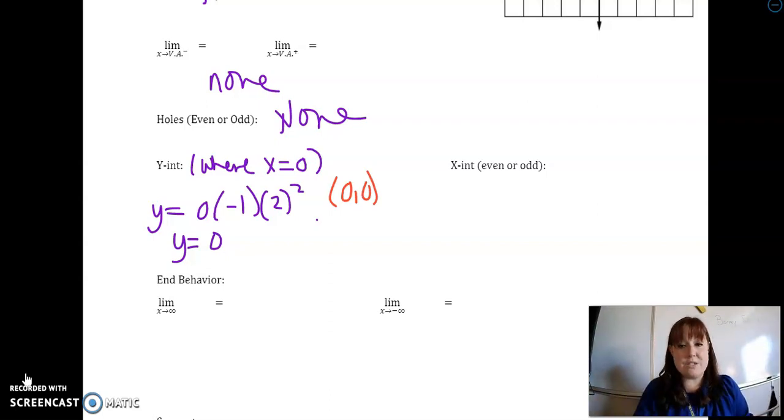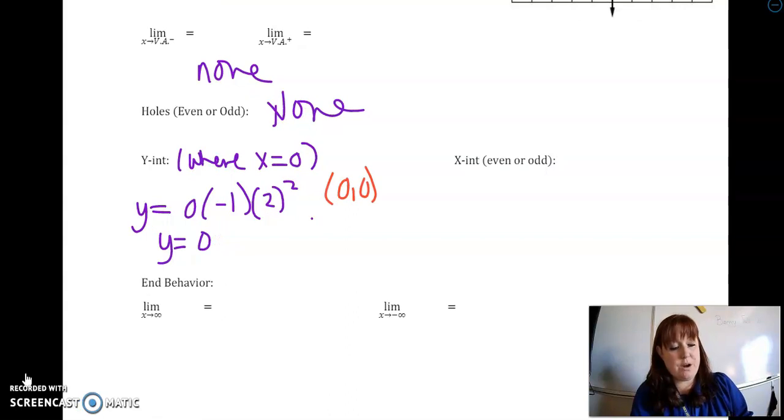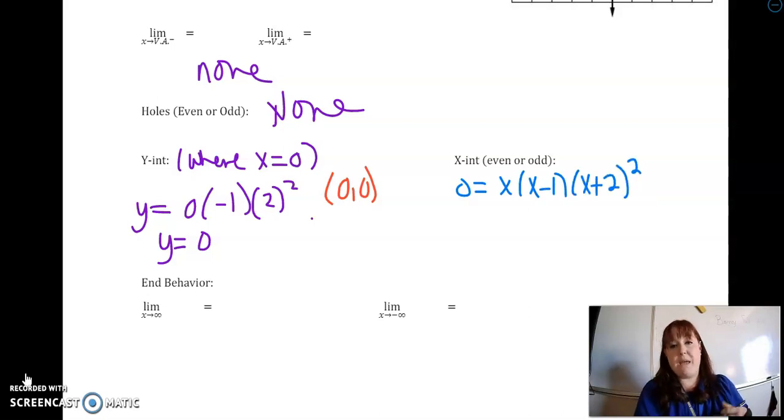Now our x-intercepts, we're going to do the same thing, except now this is where y is equal to 0, okay? So we say, where is this function equal to 0? And we have x times (x minus 1) times (x plus 2) squared. Now what would make this function 0? Well, if x was equal to 0, it would be equal to 0. If x was equal to 1, it would be equal to 0.